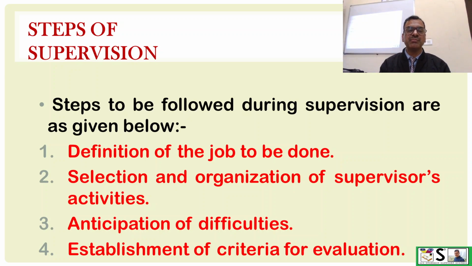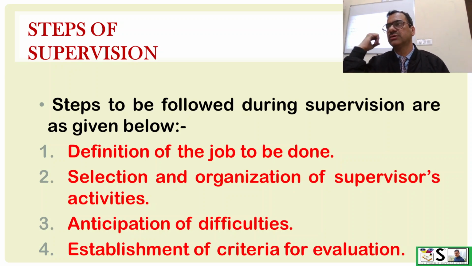Number 1, definition of the job to be done. So whenever a supervisor starts supervision, first of all he should clear or define what is to be supervised, what activity is to be supervised. So that is known as the definition of the job to be done by the subordinates.